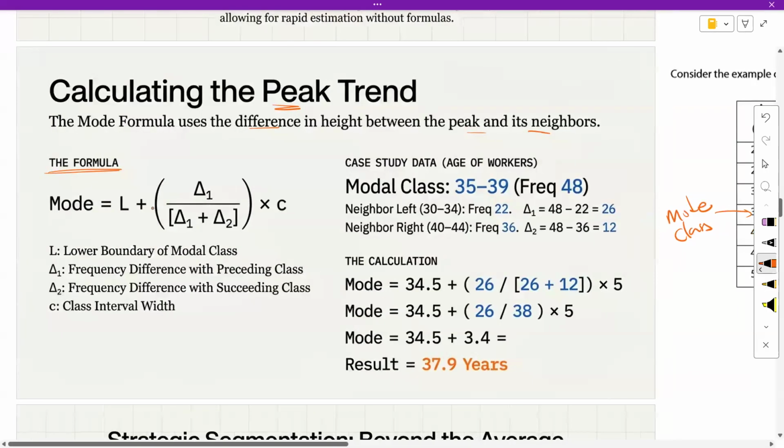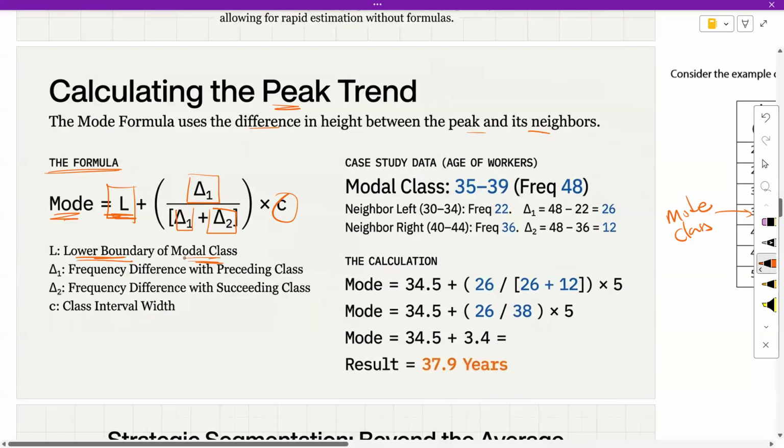So this is the formula. Mode equals the lower boundary of the modal class, plus delta 1 divided by delta 1 plus delta 2, into class width.